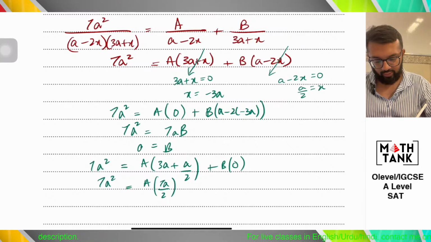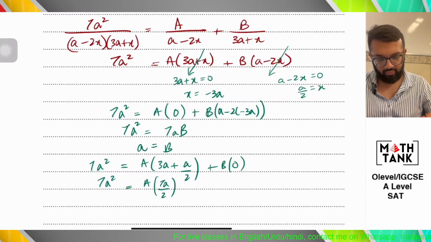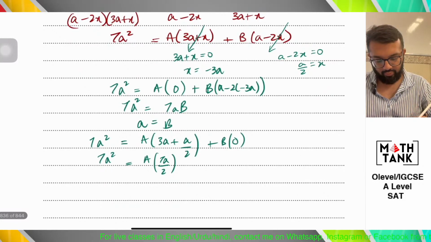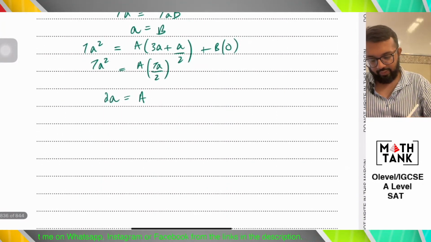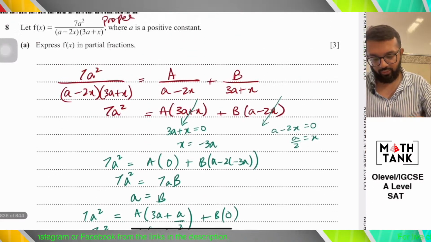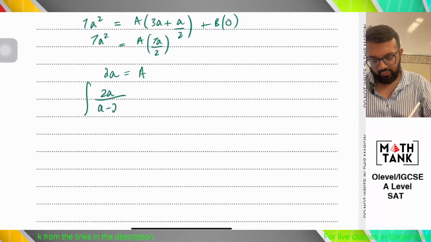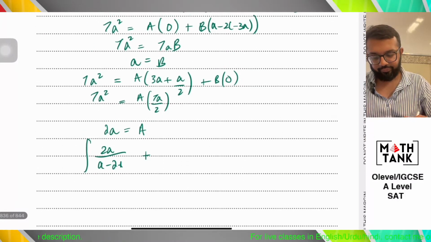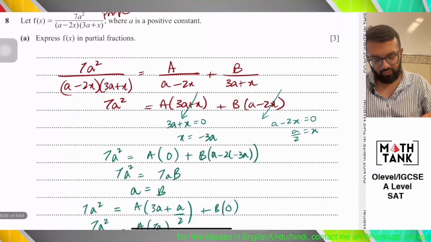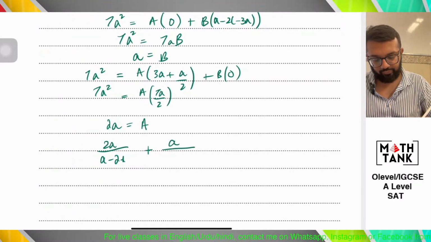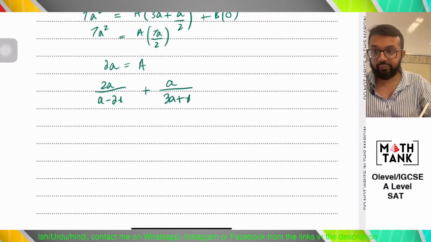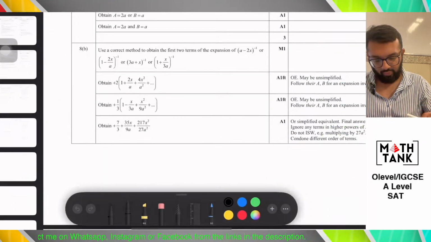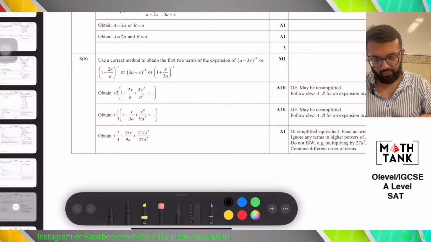So A is equal to 2a. So the partial fractions that I've broken down are 2a over a minus 2x and a over 3a plus x.